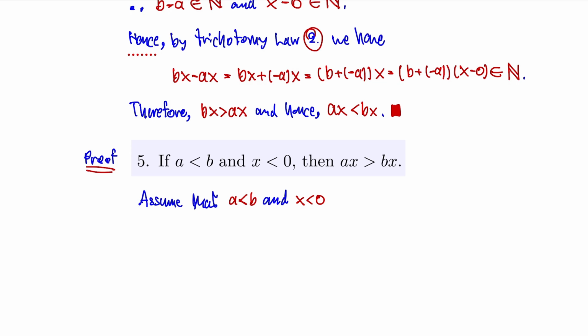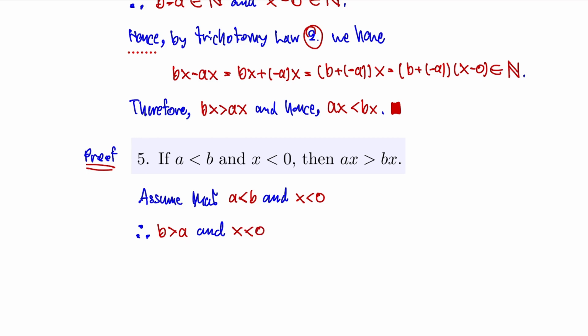Once we have less than, we have b greater than a, and x less than 0. Let's do it step by step.